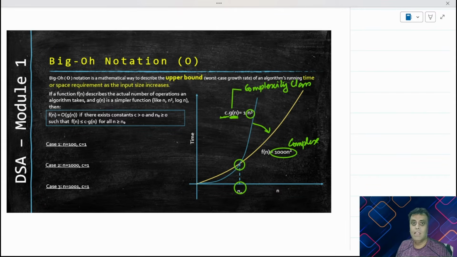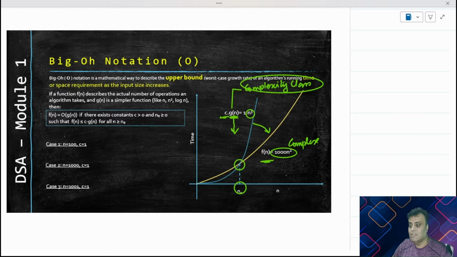So you said that you are going to do a time complexity judgment in terms of the upper bound. So what is my upper bound? Can I find a simple function g of n which is going to marry to a conventional complexity class? In this case, it is n cube. And can I put a constant so that this complexity class after some point of n will cross my f of n? And if that happens, then this g of n becomes the order of this f of n.